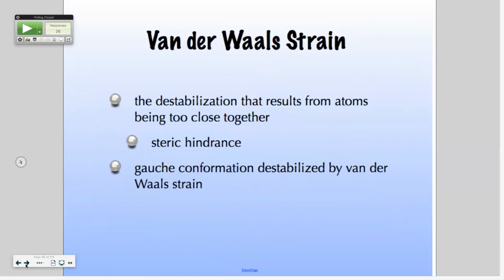Okay. The destabilization that results from atoms being too close together, that's in the eclipsed conformations, is often referred to as van der Waals strain. And sometimes we'll use the term steric hindrance. So what do you think would happen if I put something on here that's bigger than a methyl group?